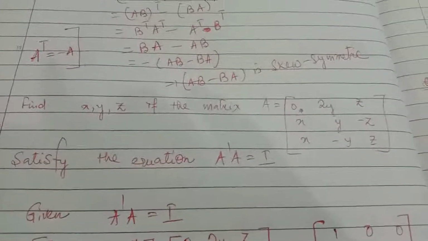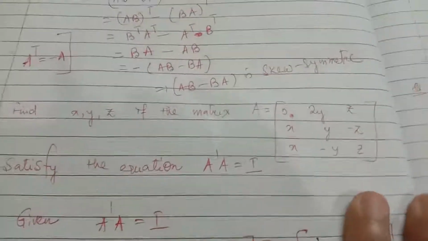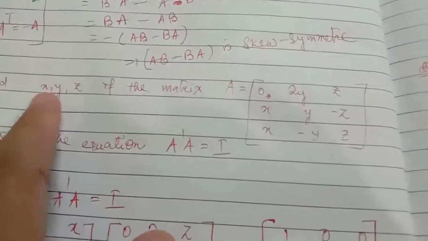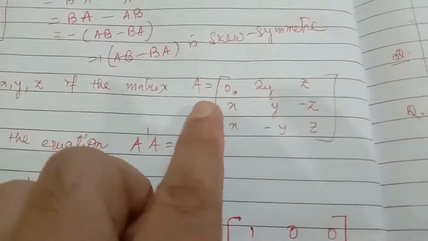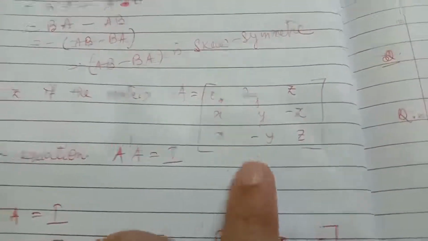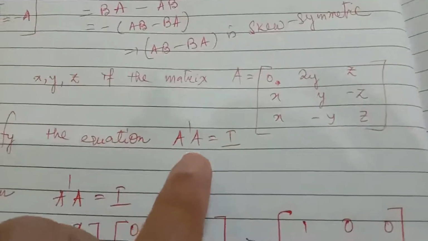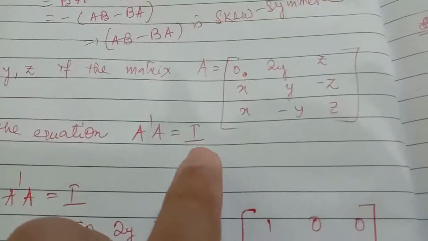Another question from miscellaneous exercise. Find the elements x, y, z, if the matrix A equal to this satisfies the equation A dash into A equal to identity matrix.